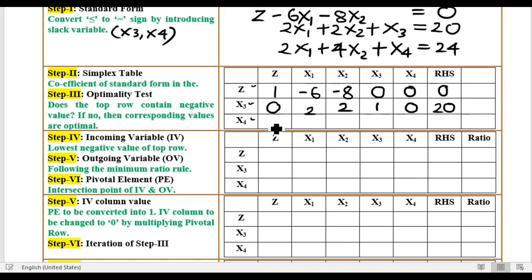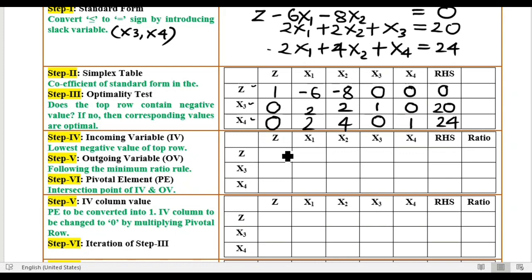Similarly for the x4 row, z is 0, x1 is 2, x2 is 4, there is no x3, x4 is 1, and RHS is 24.